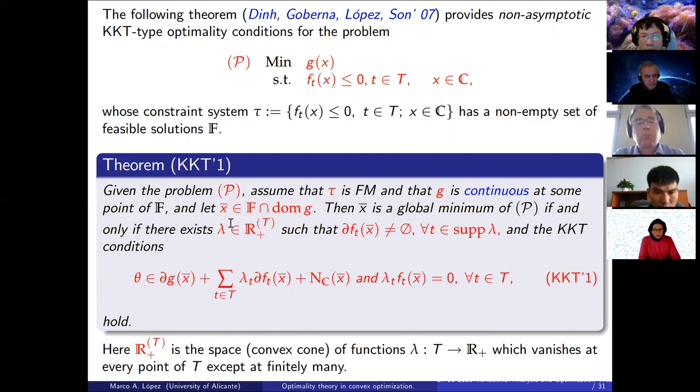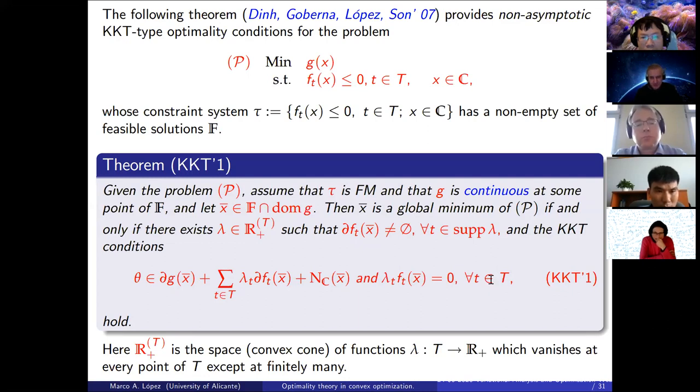Take this point here, which is feasible and is in the effective domain of the objective function G. Then x bar is a global optimum if and only if there exists a finite number of positive scalars, lambda t, with associated non-empty subdifferentials, such that the origin of my space belongs to this sum here, and the complementarity conditions are satisfied.